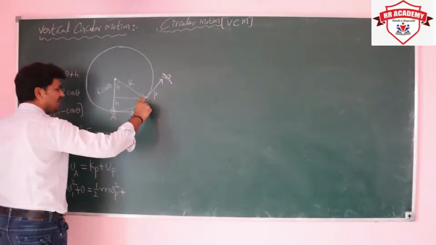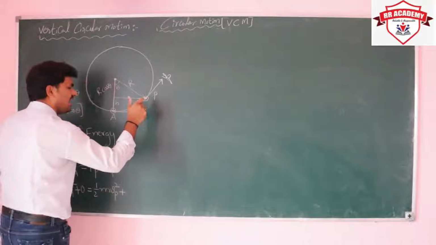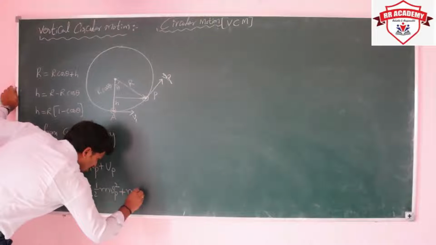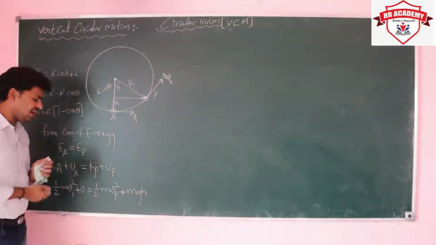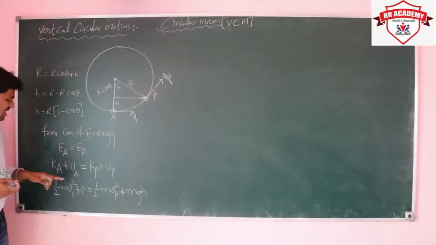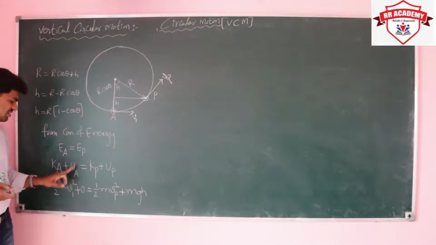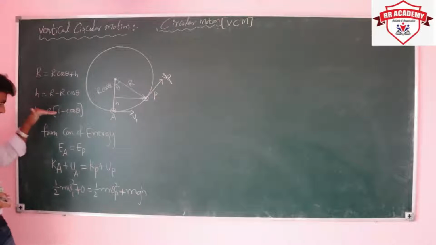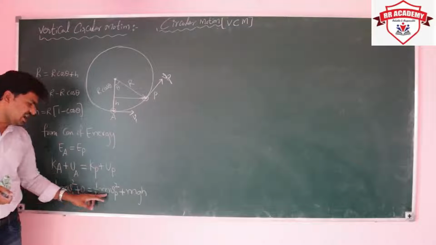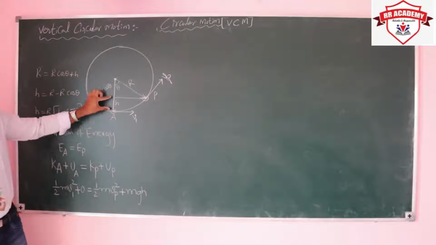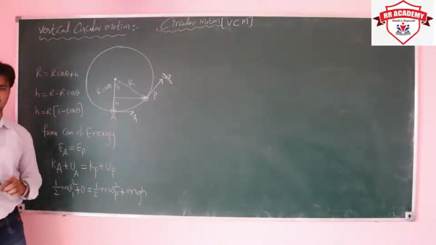Here there is some height variation, and due to the increased height the potential energy of the particle increases: it is mgh. So the kinetic energy at point A is half m v1 square, with potential energy 0 because it is the reference point, and at point P the kinetic energy is half m Vp square and the potential energy is mgh, because the height variation between them is h.